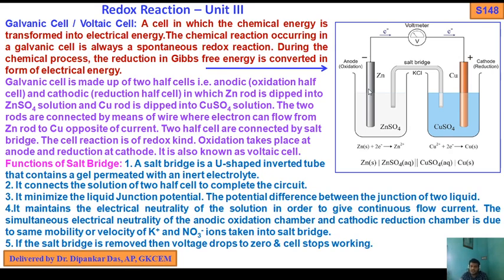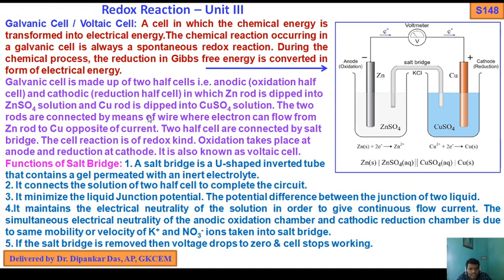Zinc loses electrons, and those electrons are accepted by the copper. The current flow is just the opposite of the electron flow.